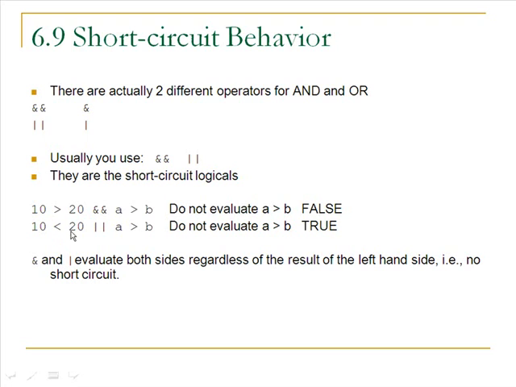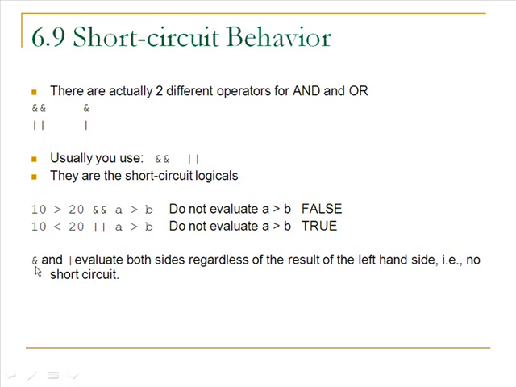Conversely, 10 is less than 20 is true. True or anything is true. So just to review, if we have false on the left of an AND, then we don't need to evaluate the right-hand side. If we have true on the left-hand side of an OR, we don't have to evaluate the right-hand side.